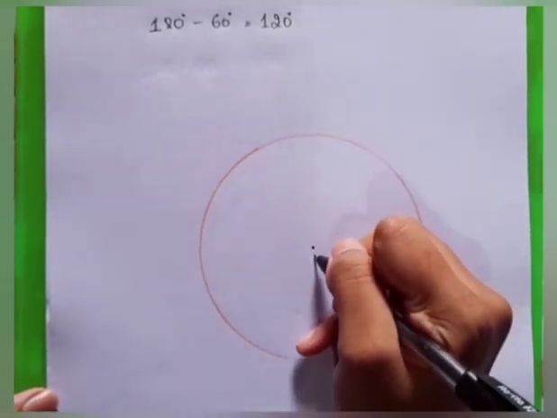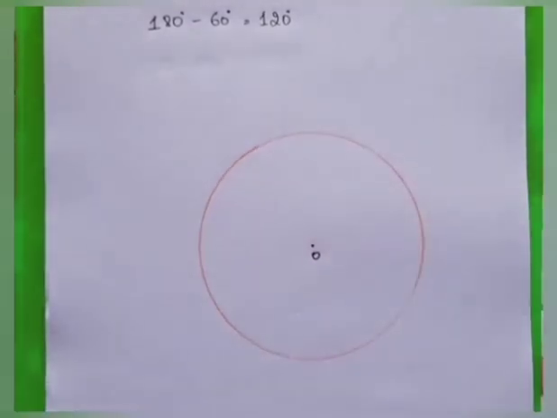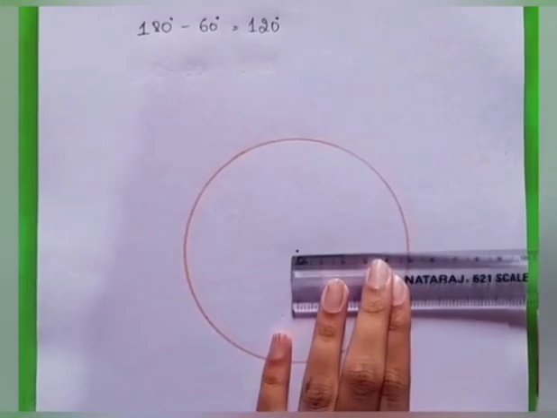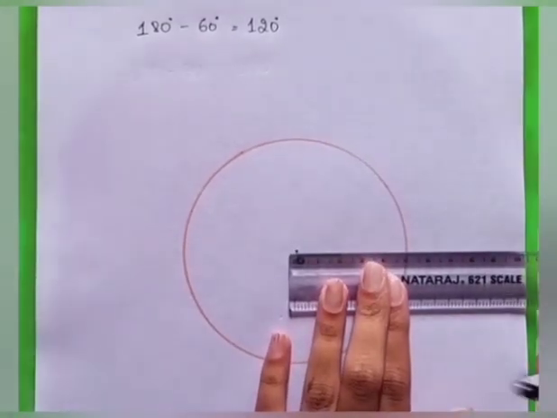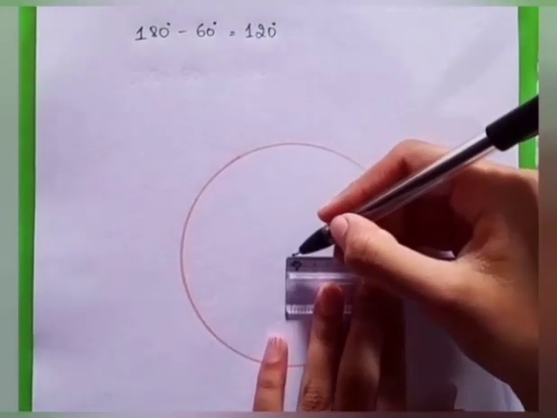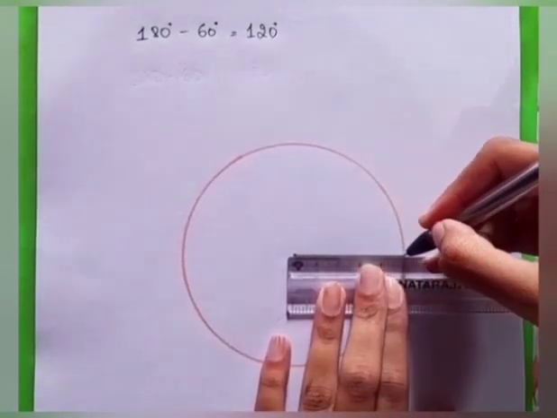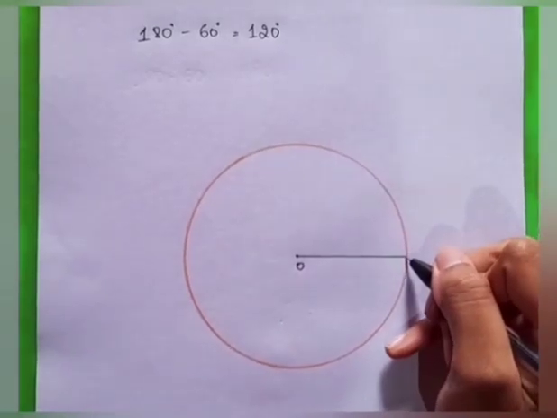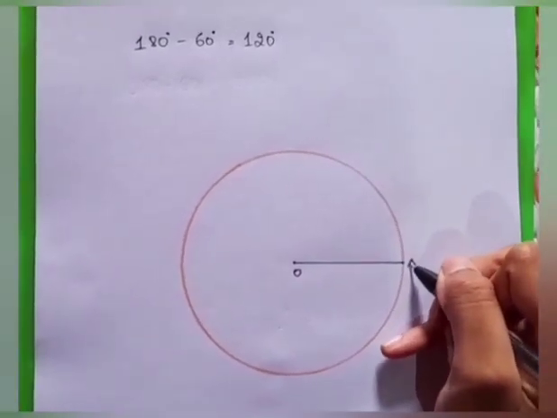Mark the center as O. Now draw the line from O to the circumference of the circle. Mark the point as A.